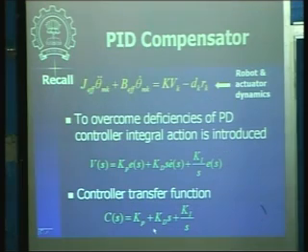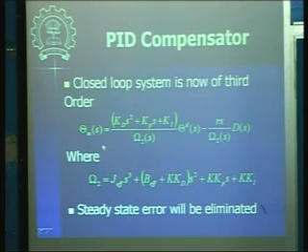Now the controller's transfer function is given by this expression. Now let us see how it looks in a closed loop fashion. The closed loop system will now be of third order. In PD control, this was a second order characteristic polynomial.